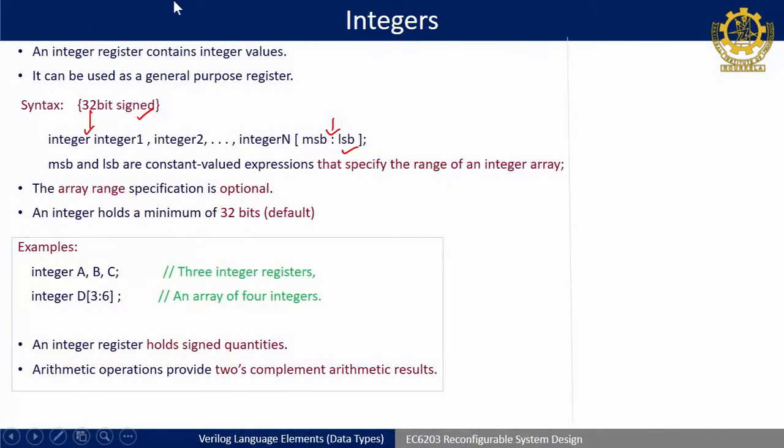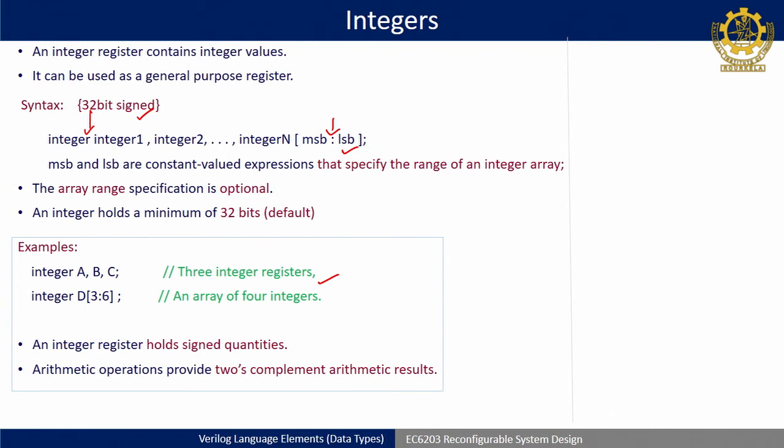Okay. So, here also it is told that the array range specification is optional. That means, if you do not want a memory, no need to specify this range. An integer by default holds 32 bit data, and these are the examples where a, b, c are 3 integers, all having by default 32 bits of data they are capable of storing.